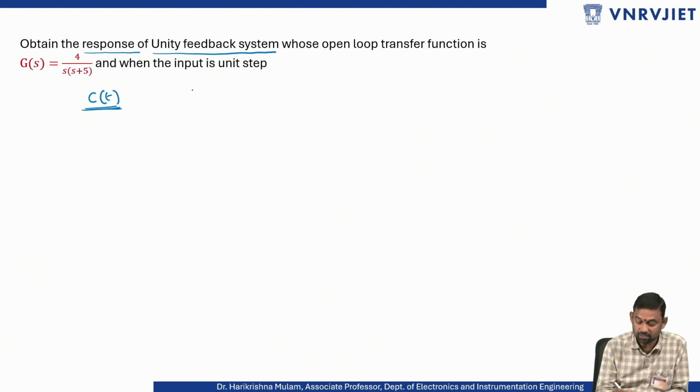In a control system, the feedback transfer function is represented as H(s), and as the feedback is unity, this H(s) is 1.